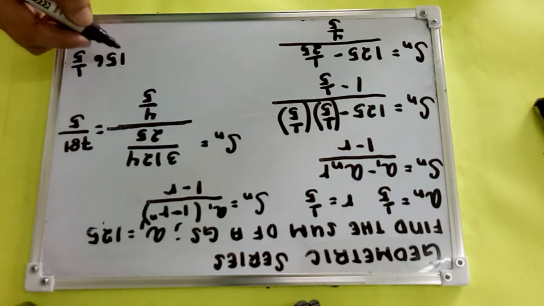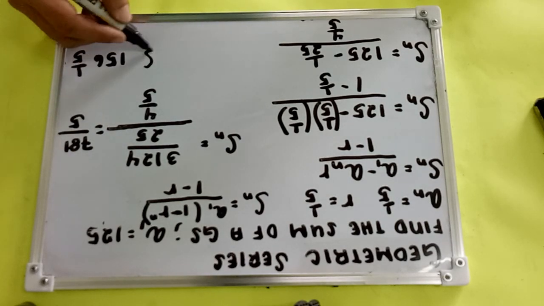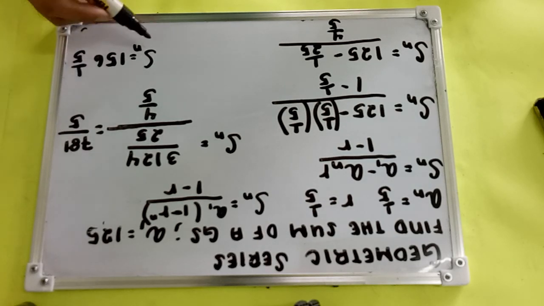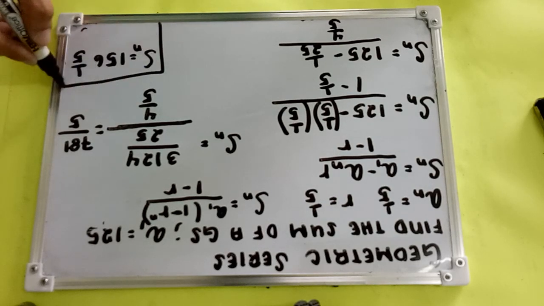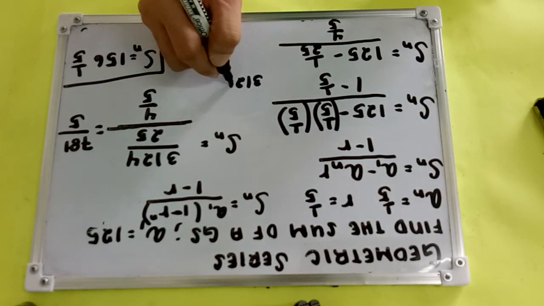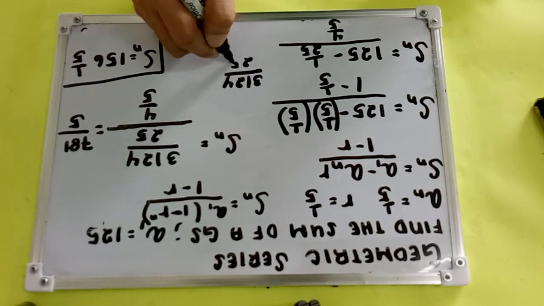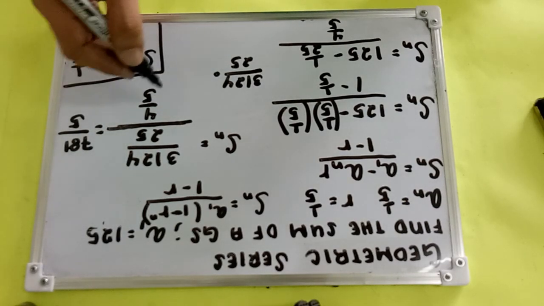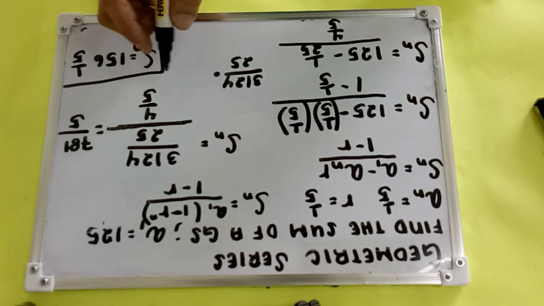Ngayon, kung medyo manual kayo, so this will be our final answer. So S sub n is equal to 156 and 1/5. Kung medyo manual kayo, 3124 over 25. So gawin nyo lang siyang multiplication, pero dapat nakukuha nyo yung reciprocal ng denominator or ng divisor.